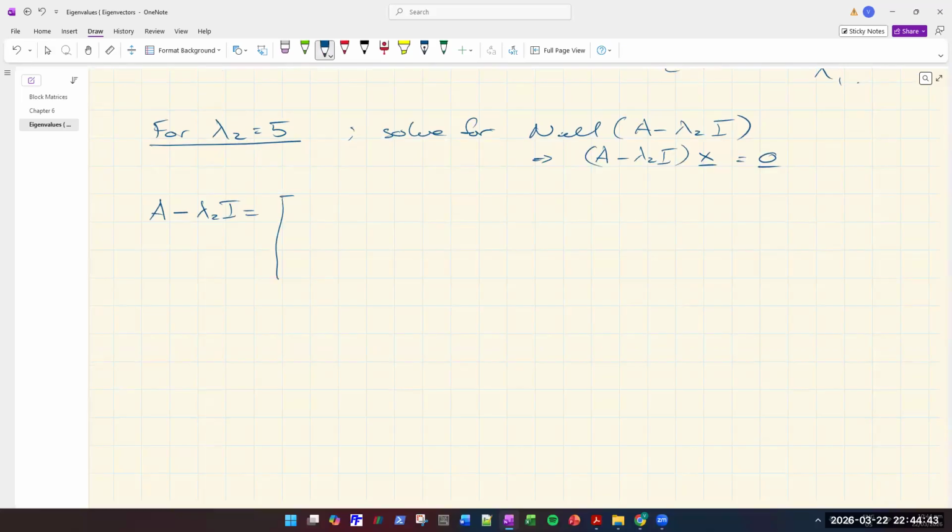So it's A, which is 2, 1, 0, 0, 5, 1, 0, 0, 5. That's the matrix A. And I'm going to subtract 5 from the diagonal entries, since lambda is 5.